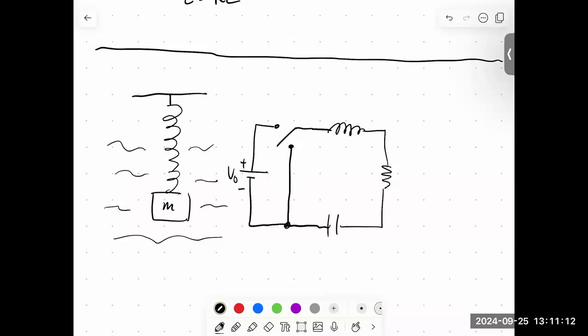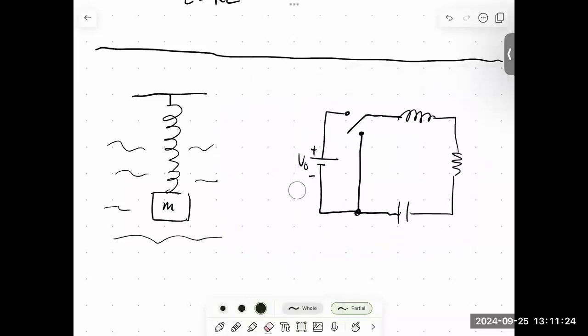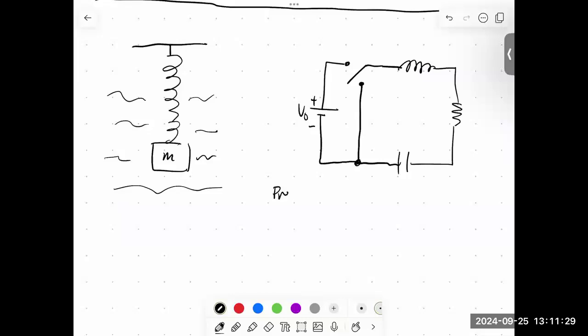Okay, so when we analyzed the LRC circuit, we ended up writing down a differential equation that looked like the following. We previously found V naught over L is equal to the second time derivative of the charge plus R over L dq dt plus Q over LC.